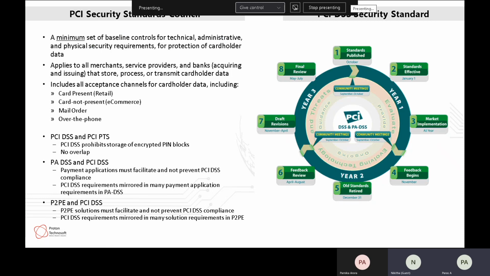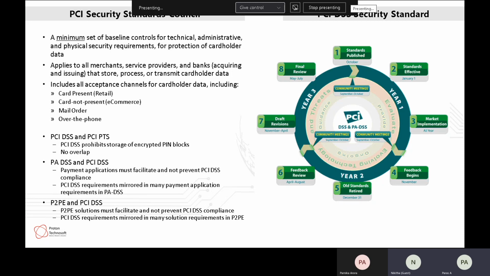So technical means it will talk about firewall, intrusion prevention, network time, logging, user access. All that is technical. Administrative is where it talks about the processes, the policies, the documentation.